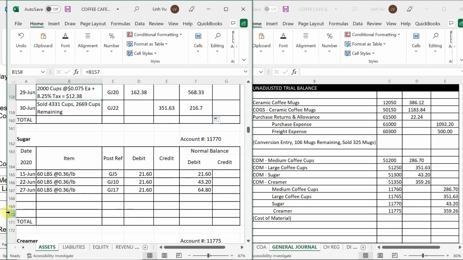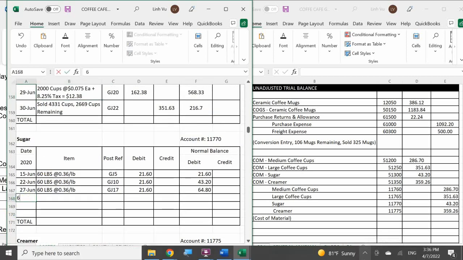All right, we need to adjust our sugar because we ended up using 120 pounds. So on the 30th, used 120 pounds. Let's take a look. We got 60 pounds plus 60 pounds plus 60 pounds, so a total of 180 pounds.